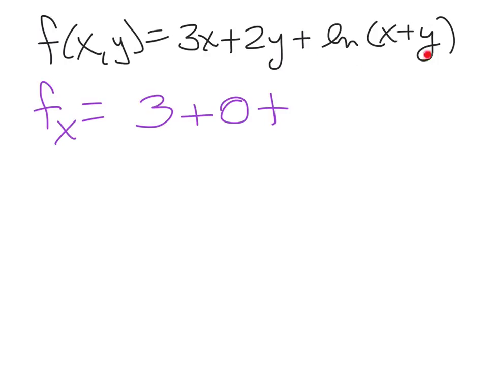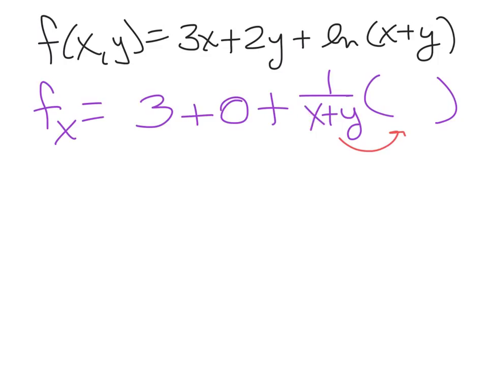Plus the derivative then, a logarithm. And inside that logarithm is a variable. So this term has a variable in it, so we're going to have a derivative for that term. Even though the y is a constant, it still has an x inside. So the derivative is 1 over what's inside, and then chain rule out the derivative of what's inside. Now we have to look at it with respect to our x as a variable, y as a constant.